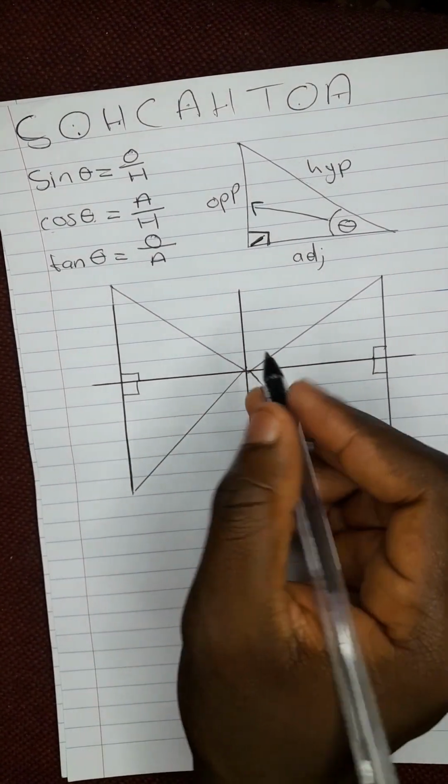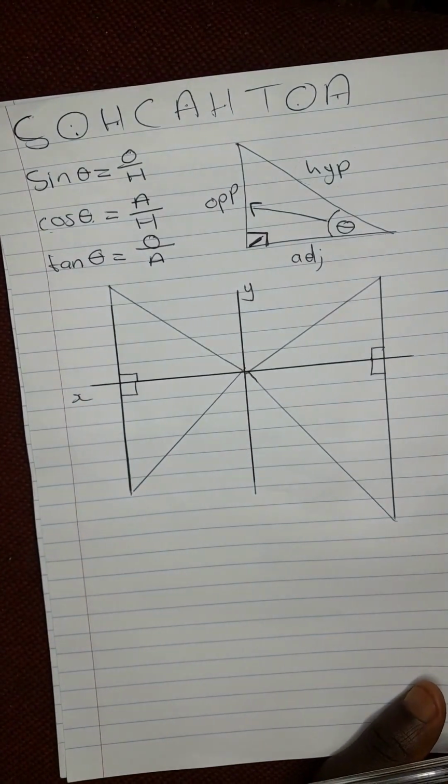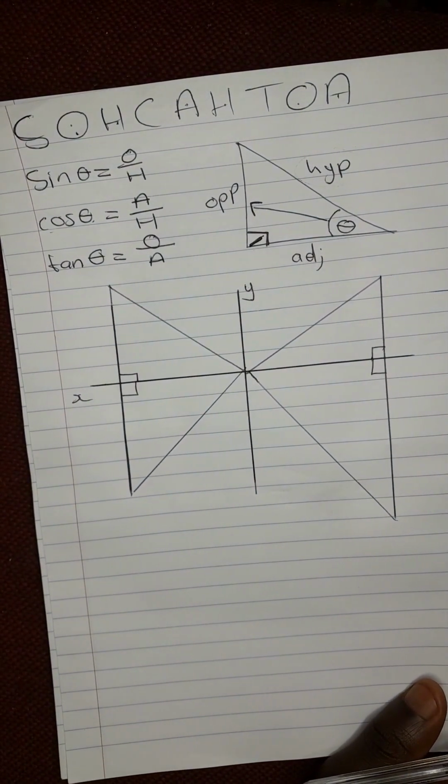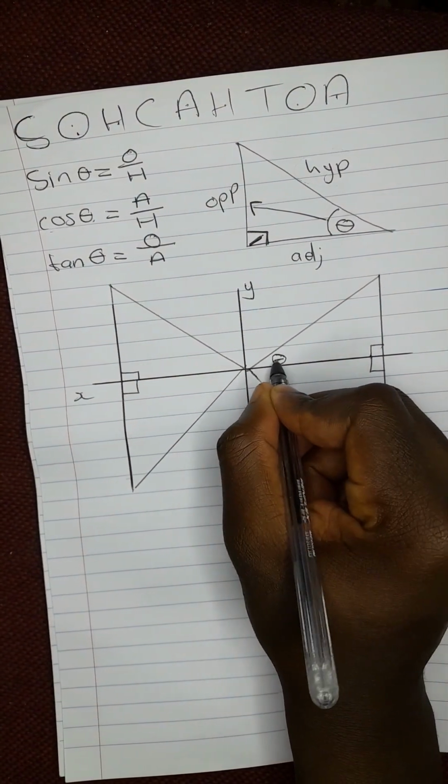This is our y-axis. This is our x-axis. Let's say maybe here we have our theta.